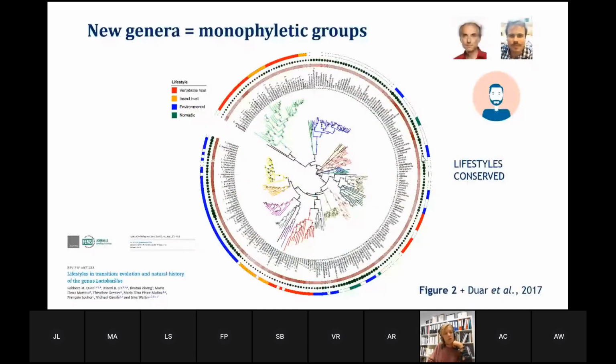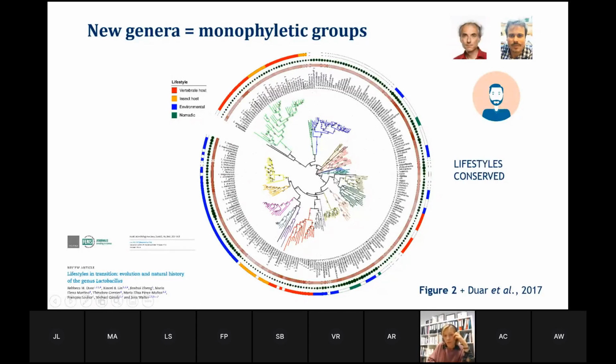This is a core genome phylogenetic tree of the Lactobacillaceae. It was made by Michael Gänzle and his team based on 114 core genes, while my team and Stan did the same using almost 300 core genes, and we ended up with the same phylogenetic groups, a first indication of reproducibility.